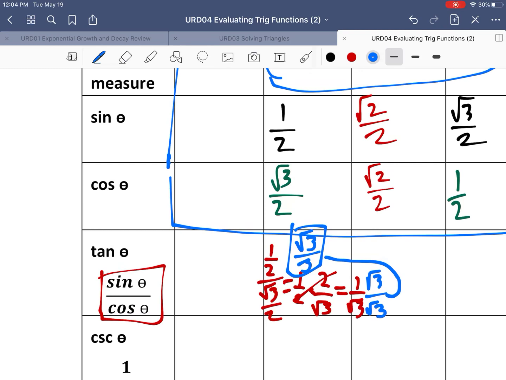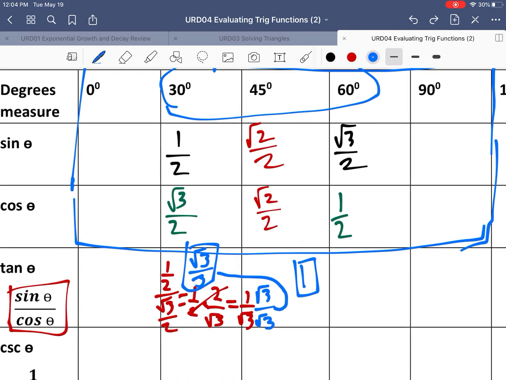If we do the same thing for 45, we get radical 2 over 2 divided by radical 2 over 2, which is just 1, because this will just be it divided by itself.